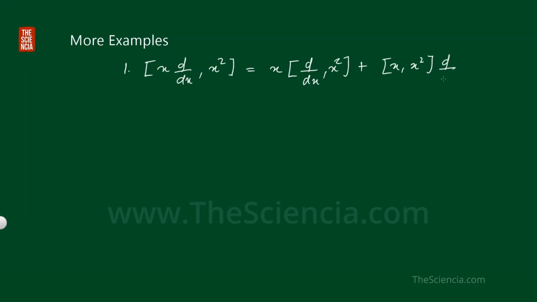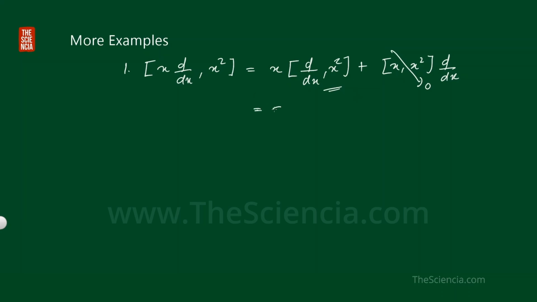And now let us discuss some more examples. The first example problem is x d/dx, x². Find the commutator bracket of this one. First you have to separate this, that is x into [d/dx, x²] plus [x, x²] into d/dx, where we know the second term will give 0 and we have to evaluate the first term.